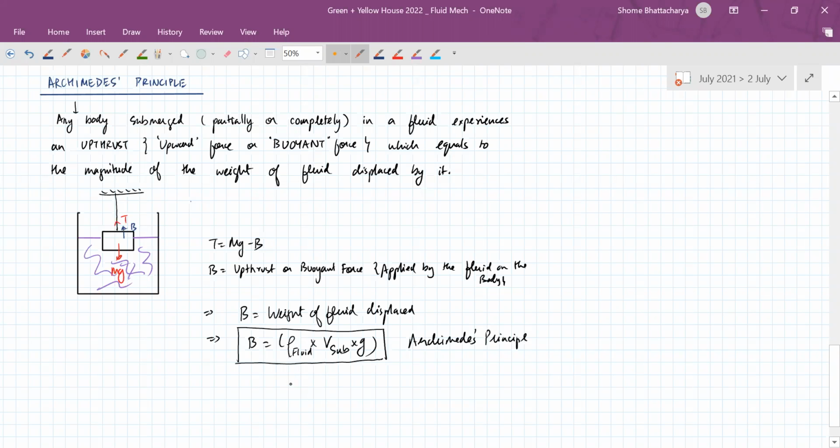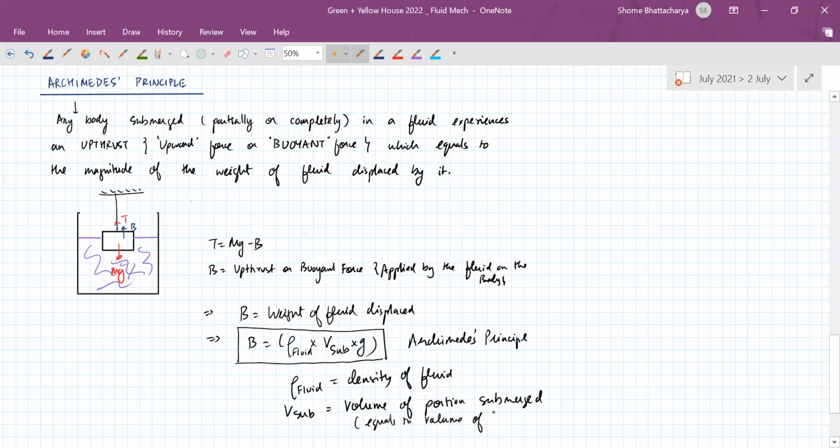So here, this is the density of the fluid. This is the volume of the portion submerged, and that equals the volume of fluid displaced.